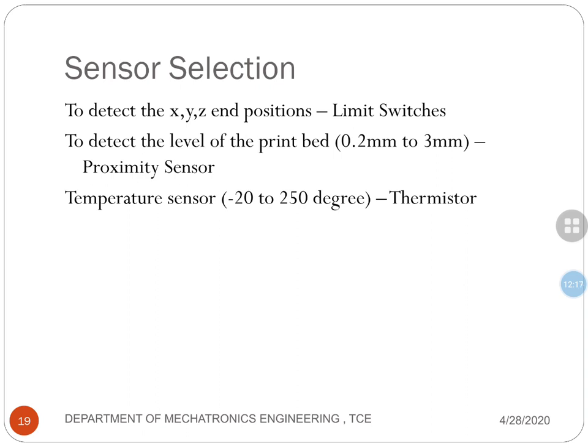Then the proximity sensor measures whether the extruder is near enough to print on the print bed. To detect the XYZ end positions, mechanical limit switches are used. These are the sensors used in the 3D printer.